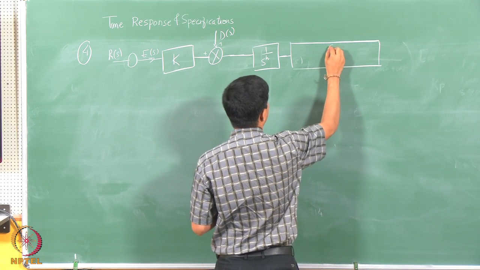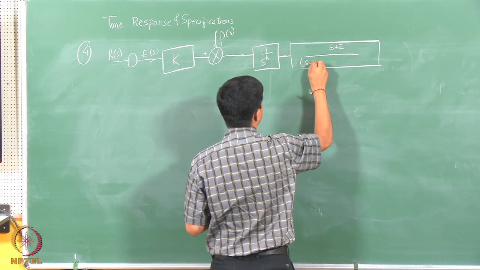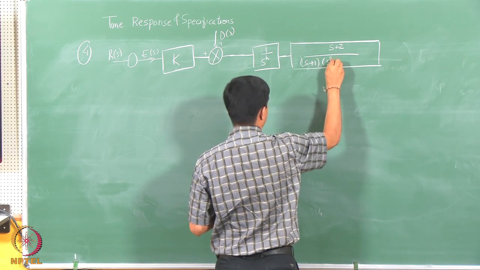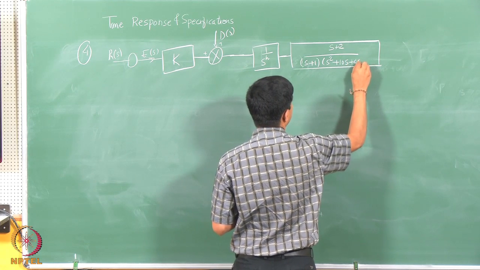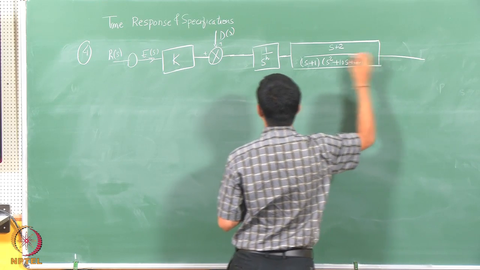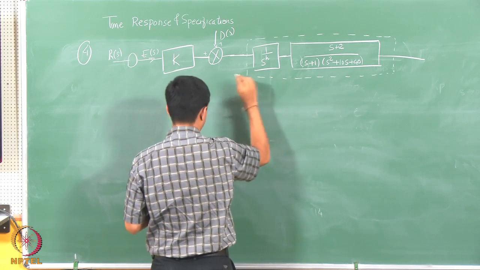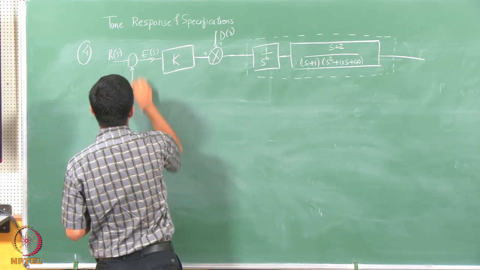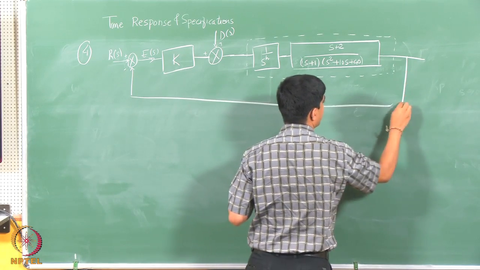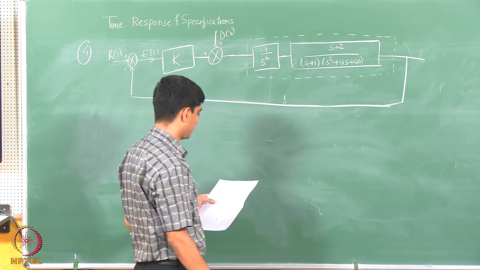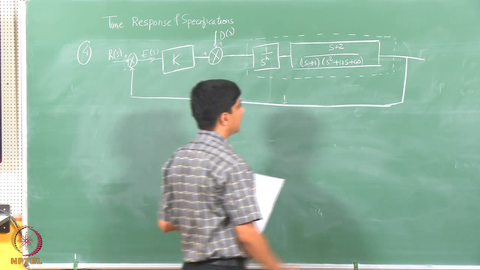I have s plus 2 over s plus 1 times s square plus 10s plus 40, right. So, this is my entire plant as it looks, and a negative feedback as usual, a plus here, a minus here, just a 1 here. Okay. So, this is my t of s, this is my k, and so on, and this is my y.